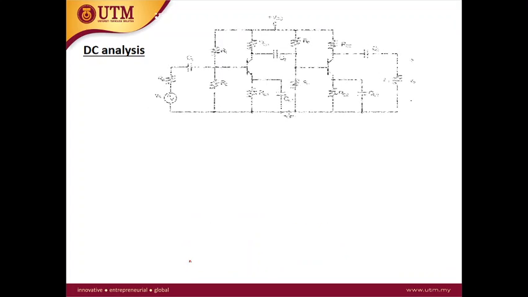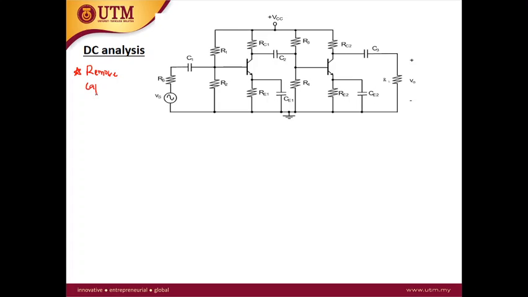For example, for the DC analysis, you need to take note that first we need to remove the capacitor, or replace it with an open circuit. You may notice that if you remove the capacitor, the source component and the load component, you can ignore them, and then you can have a separate circuit for each stage.